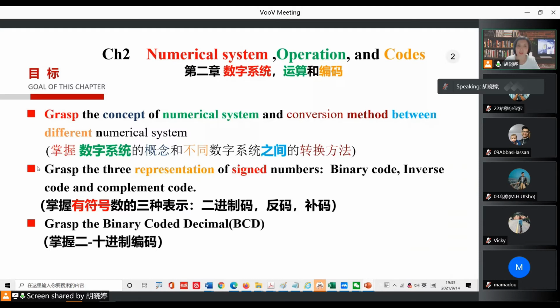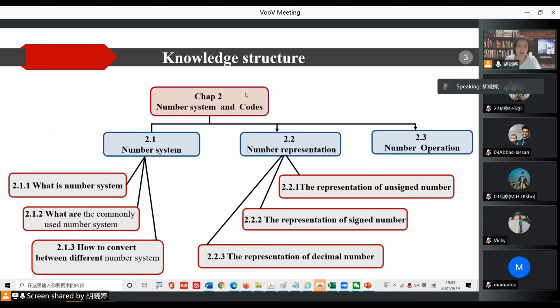Okay, those are the three kinds of knowledge points we need to focus on. That is the knowledge point structure for chapter 2: number system, number representation, number operation.